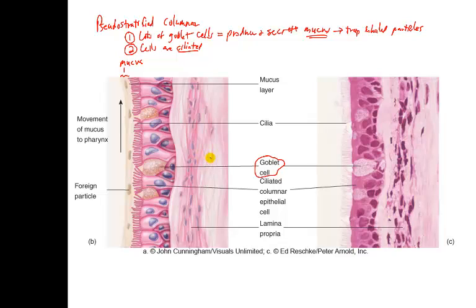So doctors have a term to refer to this that they call the mucociliary elevator. The idea is that it's the constant upward movement of the mucus due to the action of the cilia, and it traps and eliminates inhaled particles.